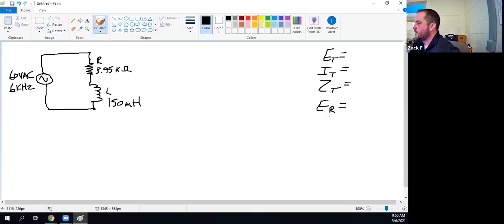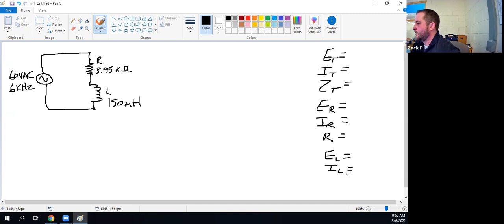Voltage across the resistor, current through the resistor, R. Voltage across the inductor, current through the inductor.